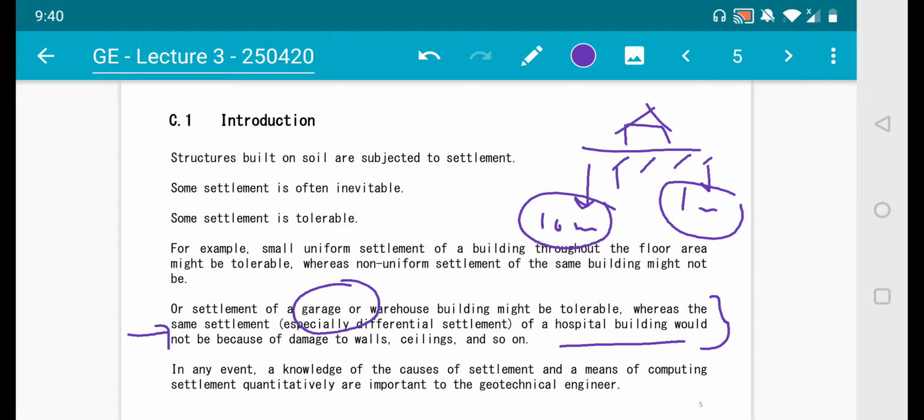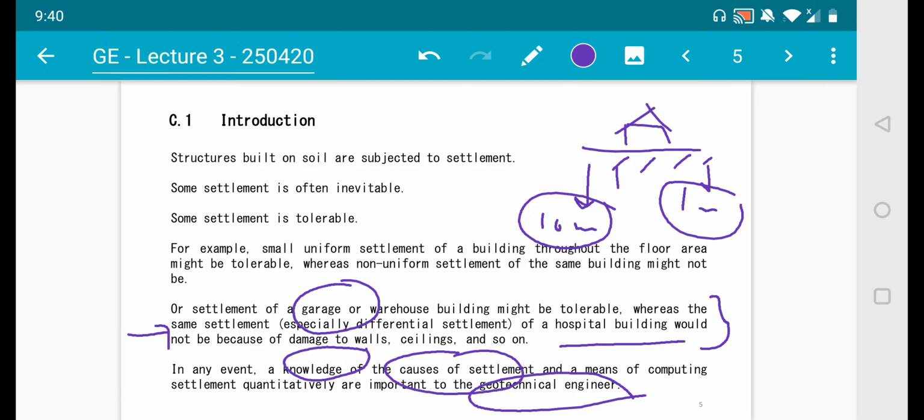In any event, a knowledge of the causes of settlement and a means of computing settlement quantitatively are important to a geotechnical engineer. Your task as a geotechnical engineer is to have this knowledge. How do you get it? From observation. You have a lot of case studies, you observe sites, and then you find the causes of settlement.